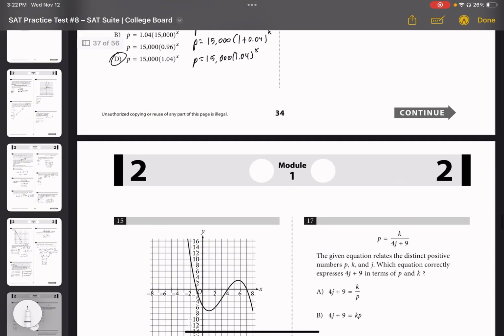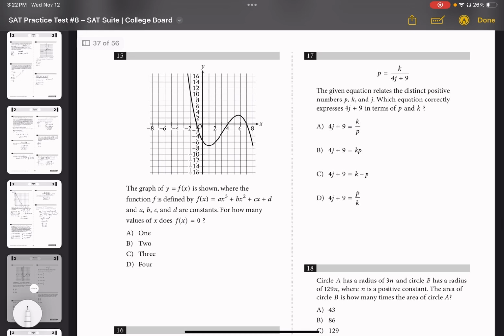Okay, moving on. Question 15, the graph of y equals f of x is shown, where the function f is defined by f of x is equal to ax cubed plus bx squared plus cx plus d, and a, b, c, and d are constants. For how many values of x does f of x equal 0? Okay, so it's asking for how many values do we have f of x equal to 0, that means x-intercepts.